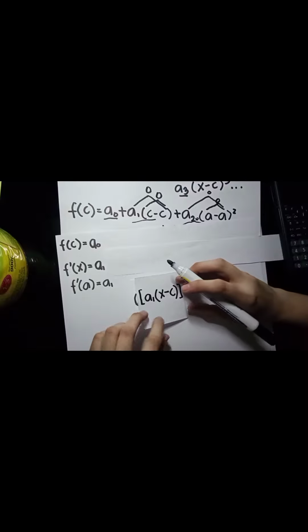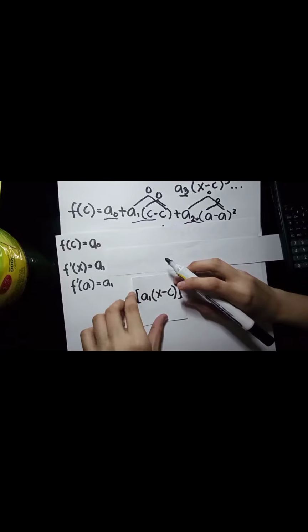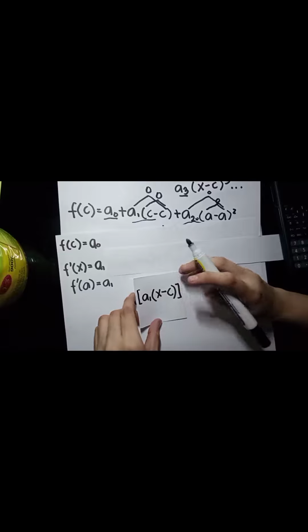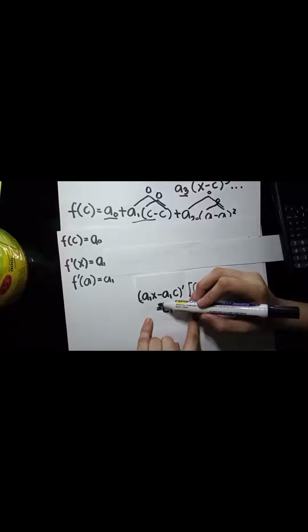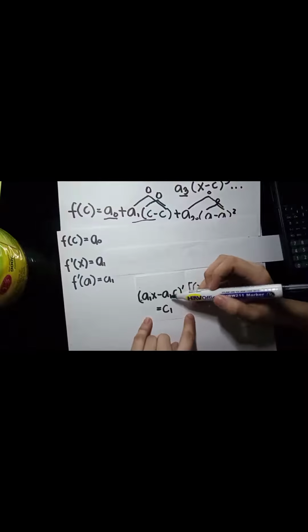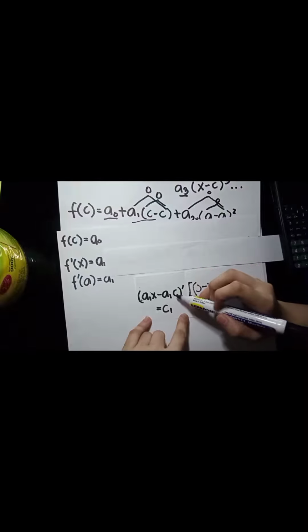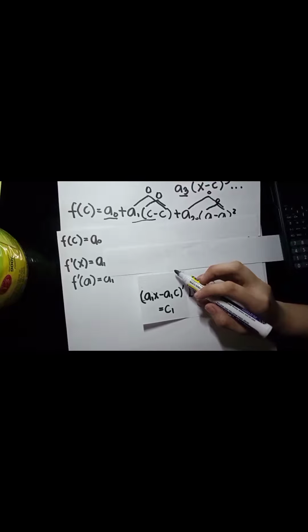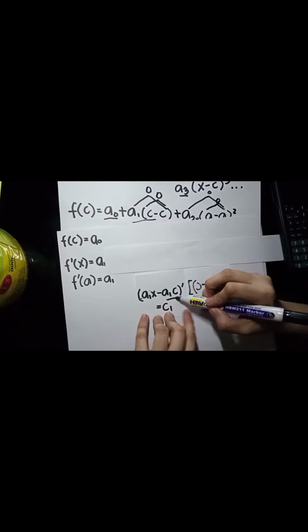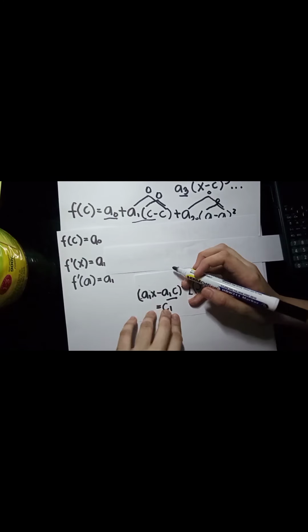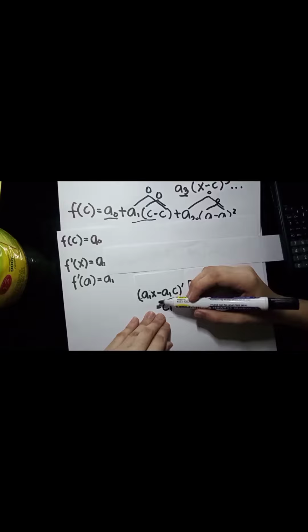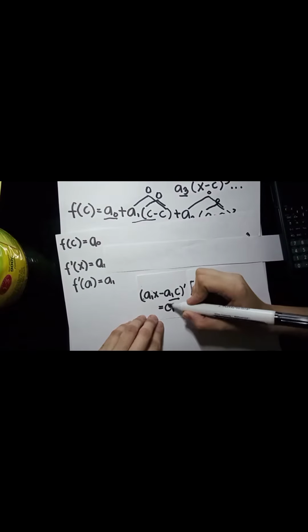If we were to distribute before taking the derivative, we would get a sub 1 times x minus a sub 1 times c. Since a sub 1 times c is just a number, it will go away, so a sub 1 times x becomes a sub 1.